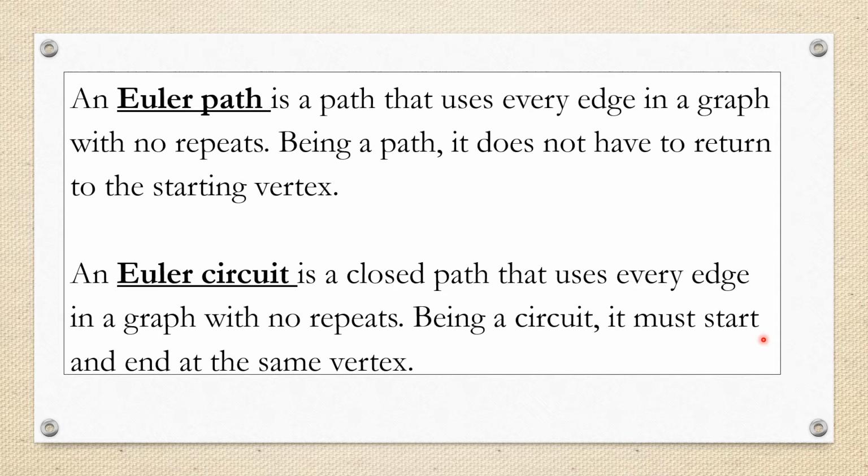To discuss Euler path, Euler circuit, Hamiltonian path, and Hamiltonian circuit. An Euler path is a path that uses every edge in a graph with no repeats. Being a path, it does not have to return to the starting vertex.